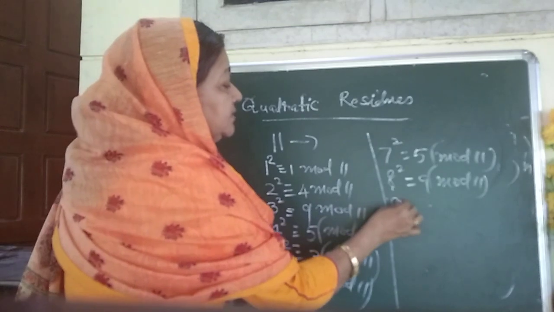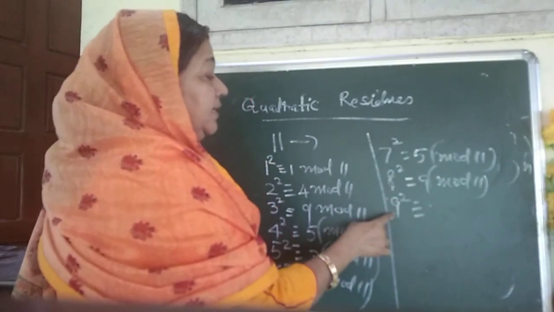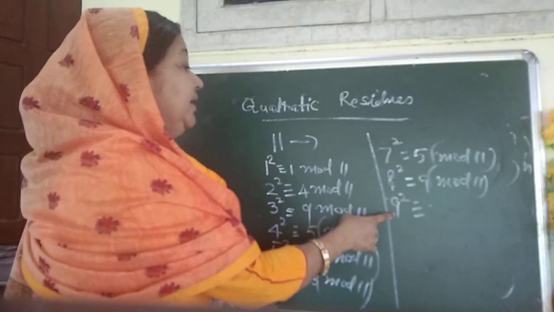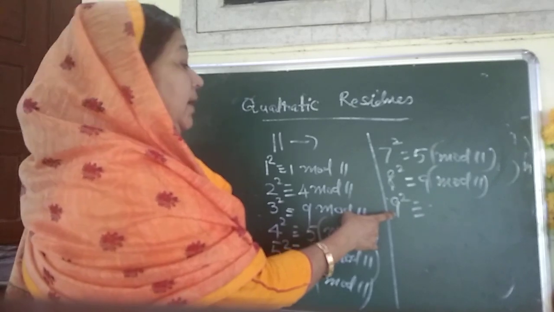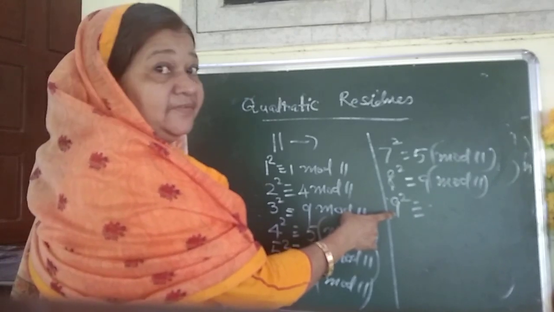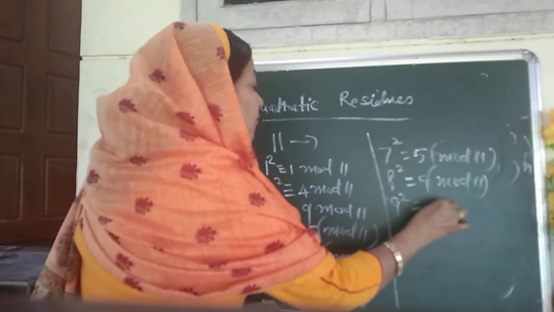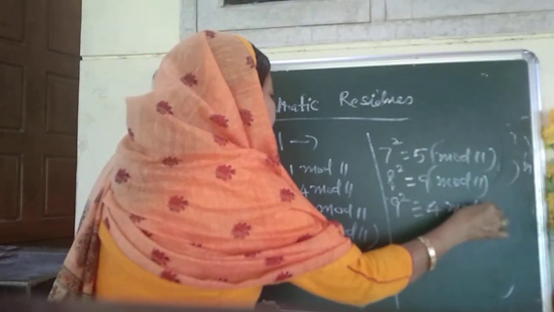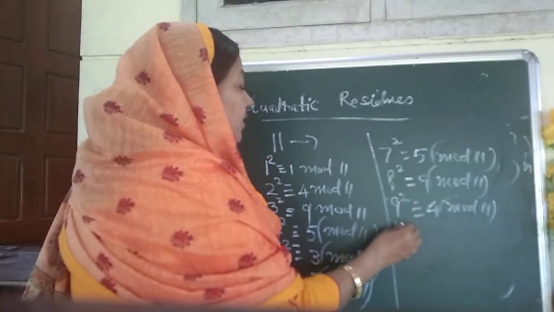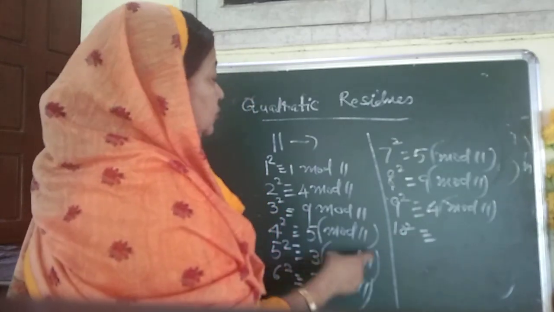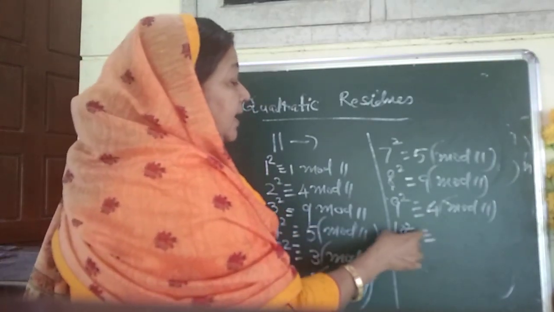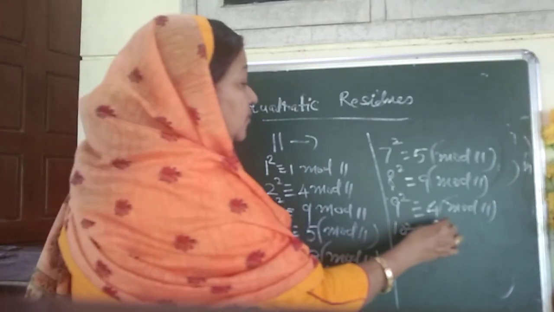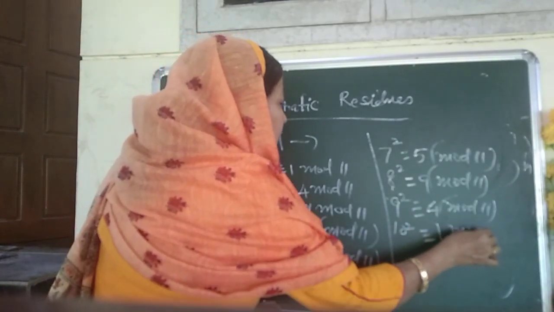Then 9 square is 81. 81 minus 77 is 4, so it is 4 mod 11. Then 10 square is 100. 100 minus 99 is 1. So it is congruent to 1 mod 11.